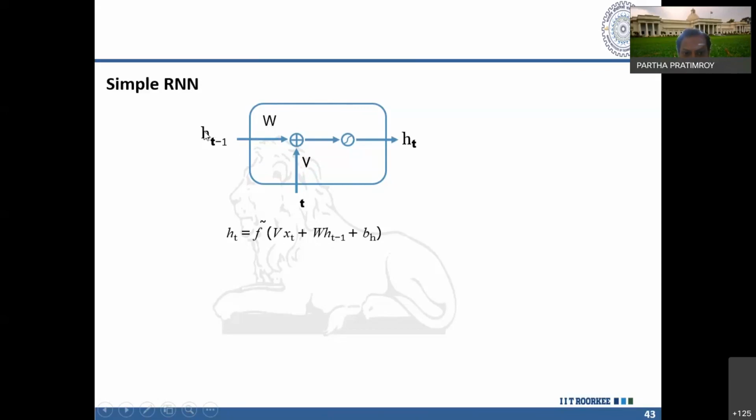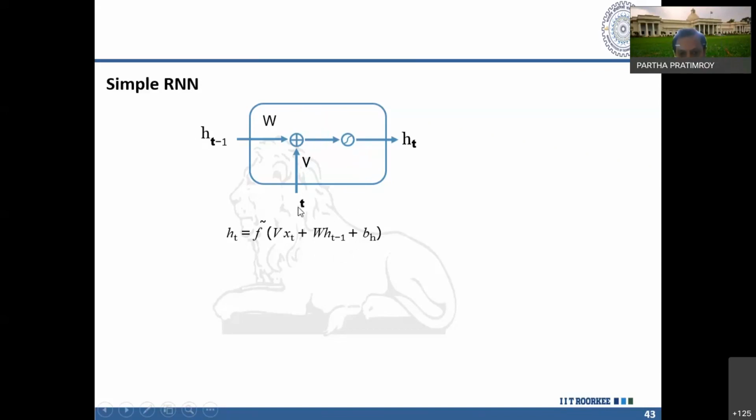W is multiplied with the previous output, and then these are combined with some bias. In every neuron you have some bias. Whenever you are considering a neuron, you have this weighted sum plus bias. So this is the total information in this process.